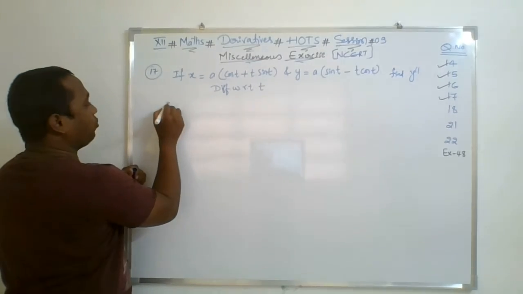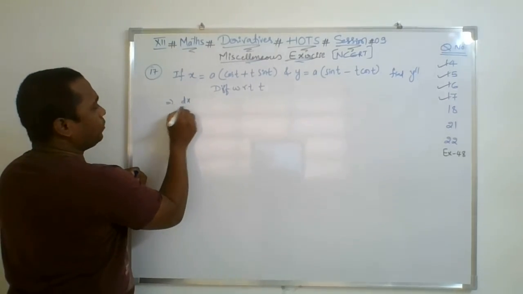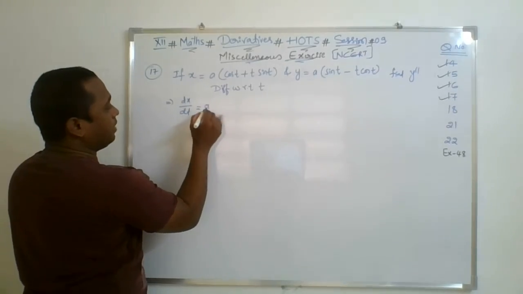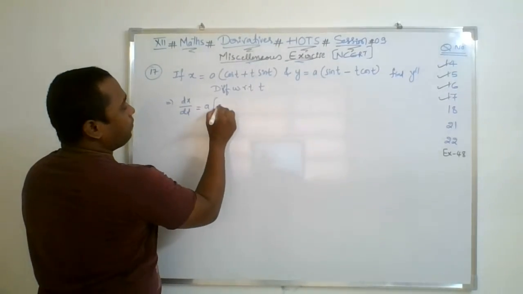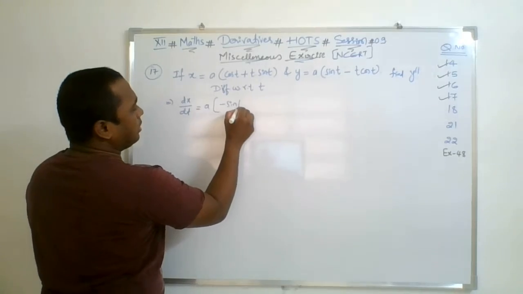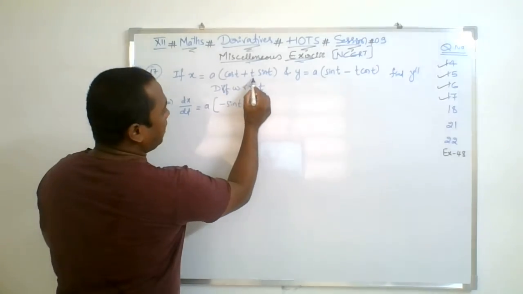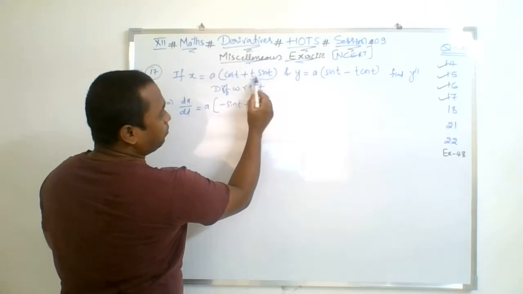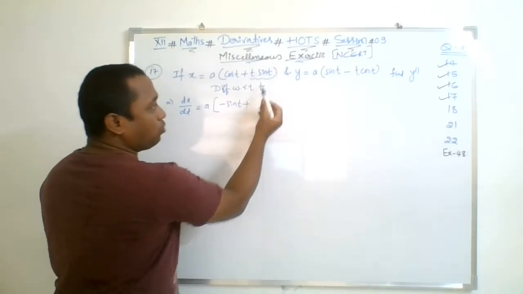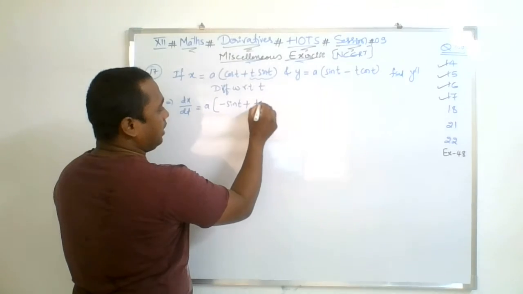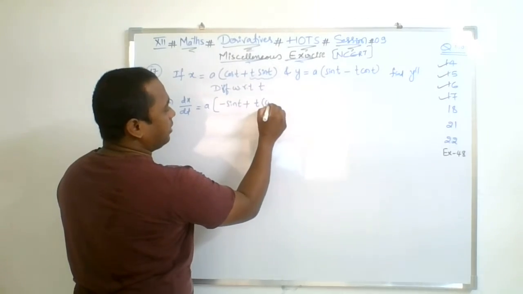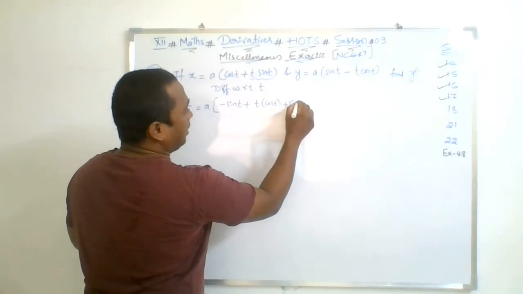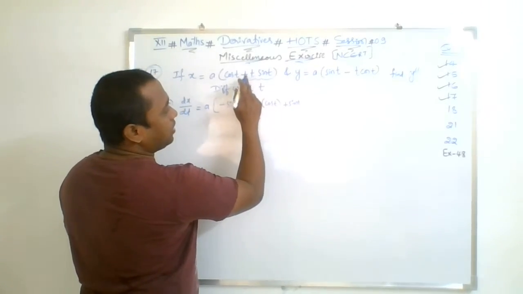So what am I going to get? dx by dt, by keeping the constant outside the derivative, derivative of cos t is minus sin t, and here it is a function of u into v, that is product rule I need to apply. So t into derivative of sin t is cos t plus sin t into derivative of t is 1.